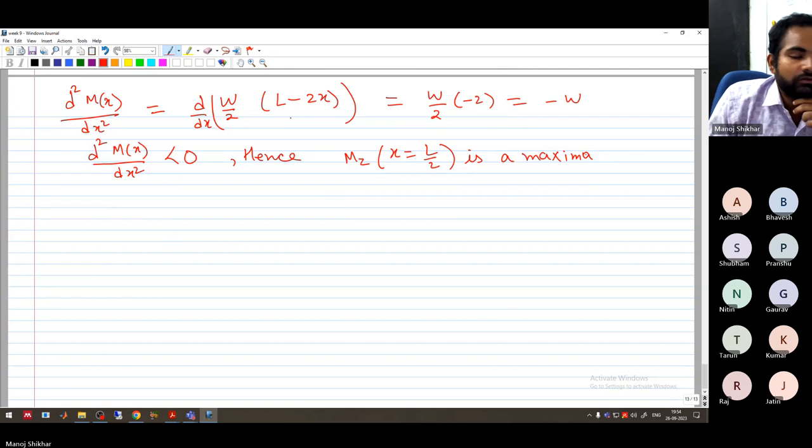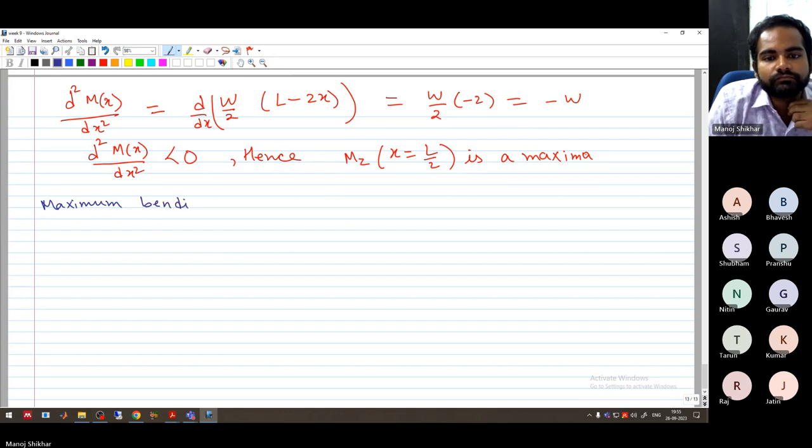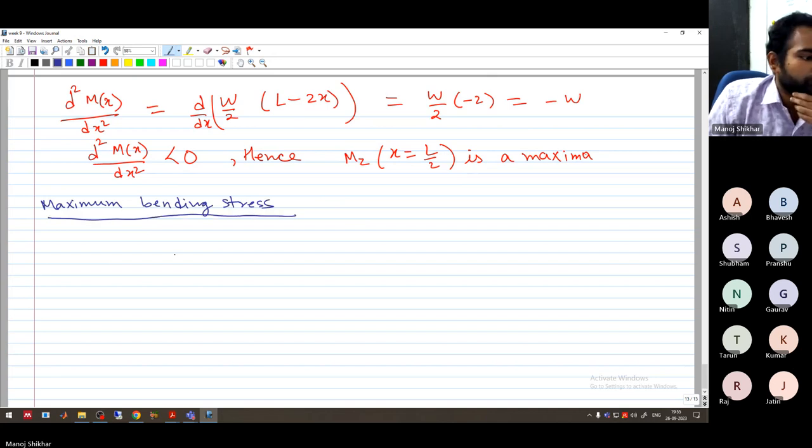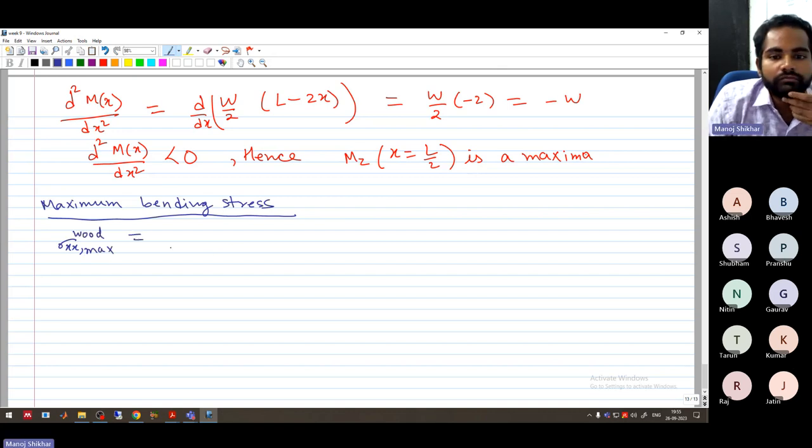So the maximum bending stress sigma xx would be equal to, we need to put two coordinates, right? x and y.